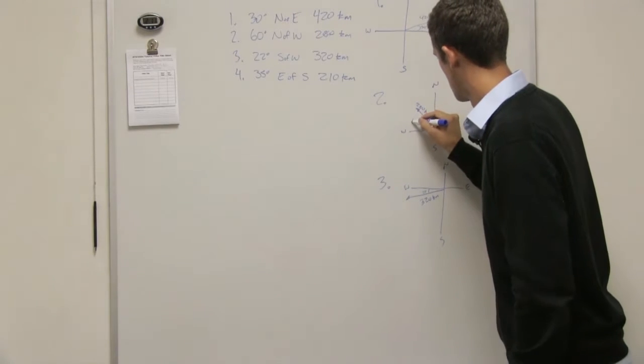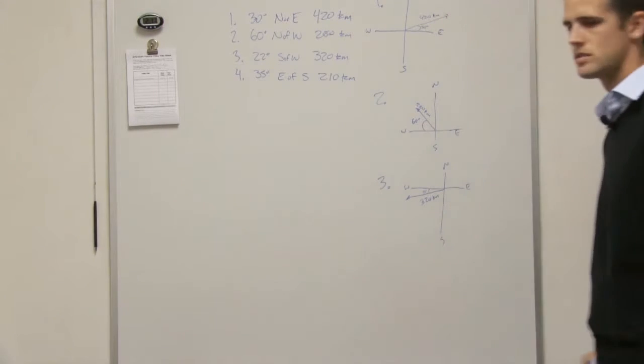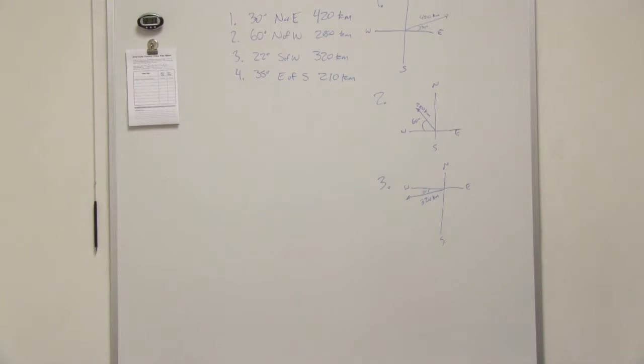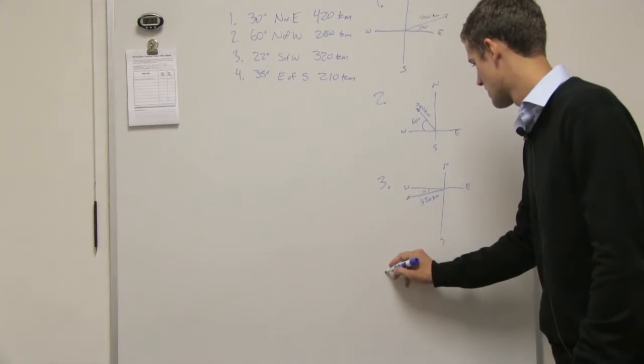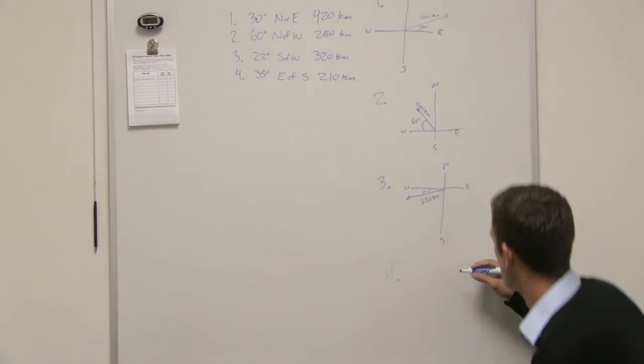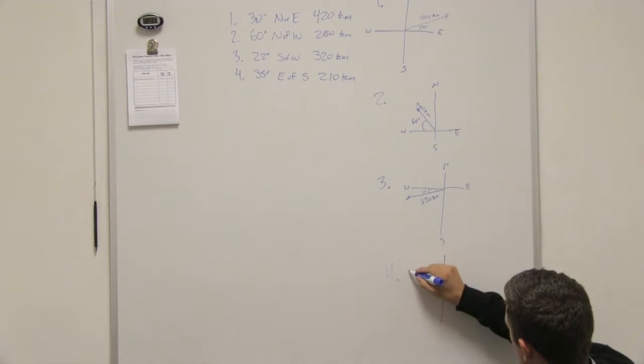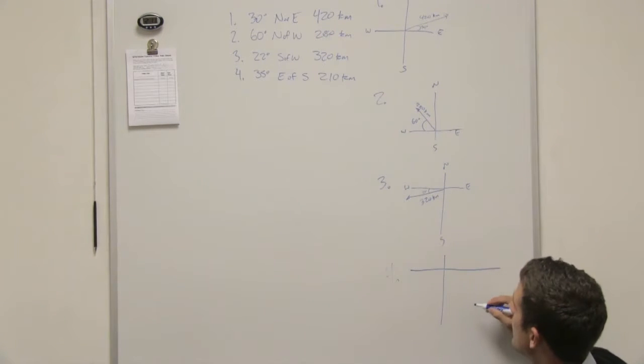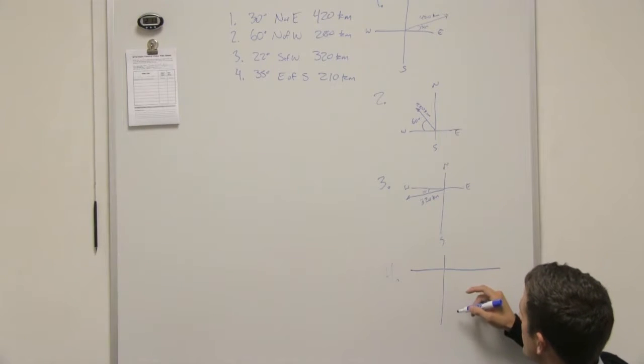And then the last one will be in the fourth quadrant, 35 degrees, so a little less than half. East of south.